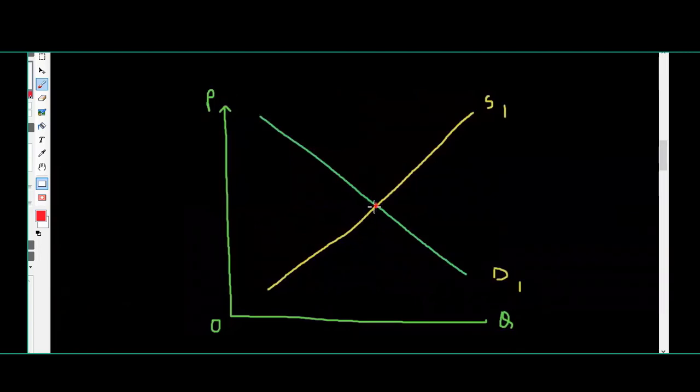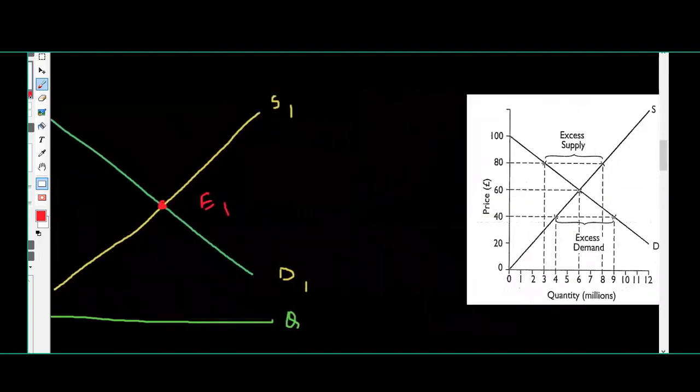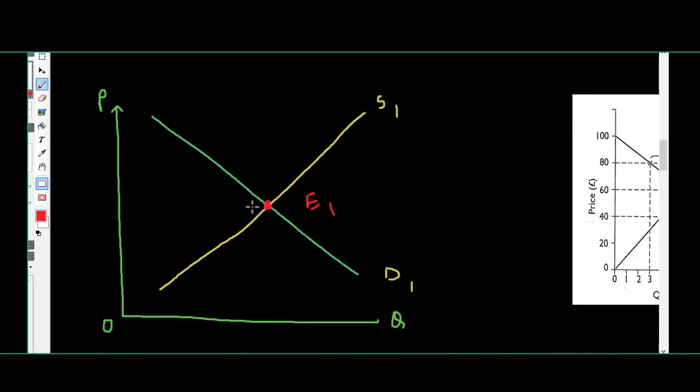We already know that this is the equilibrium where both demand and supply meet together. Let's mark it with E1. The numbers are given. In your book, the numbers are given like equilibrium price is 60 pounds and equilibrium quantity is 6 million. So 60 pounds and 6 million.